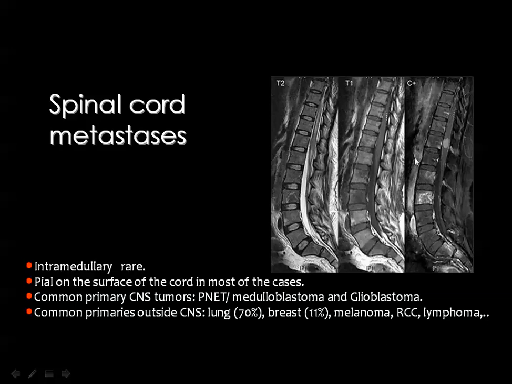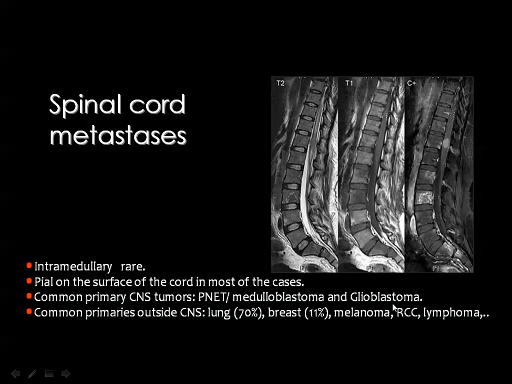And this is also a spinal cord metastasis, and you can reach the diagnosis by the presence of other metastatic deposits in the rest of the vertebral bodies. And there is a lesion here which is better seen after contrast injection with fat suppression inside the substance of the cord.